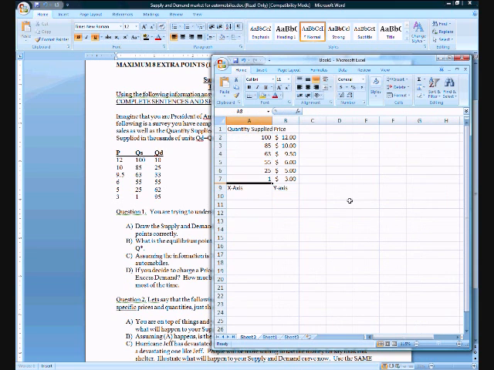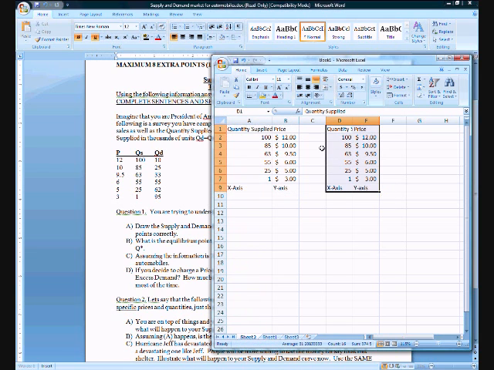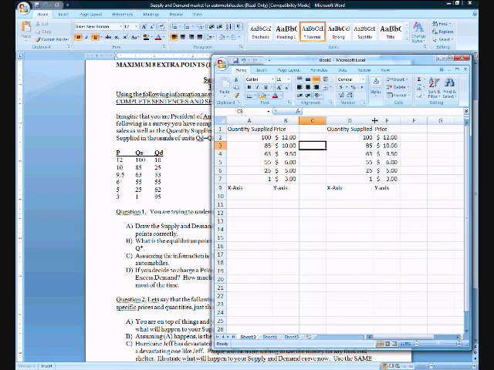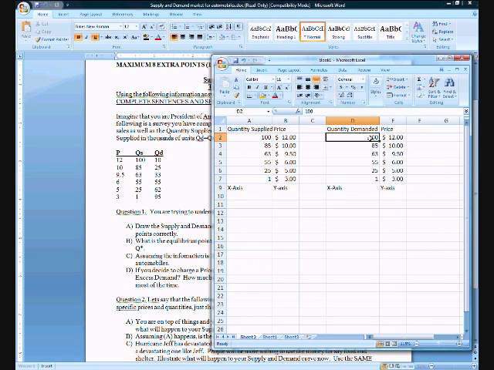Alright, cool so far. Because Excel is limited in its ability, we have to draw a whole second graph. So quantity demanded over here. When the price is $12, the quantity demanded by people is 10.